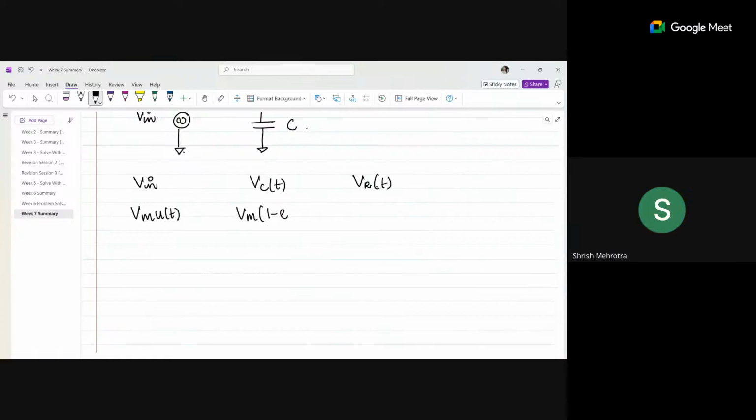Vm into 1 minus e power minus t by RC. What about my VR of t? Vm minus VC of t. So it is Vm e power minus t by RC.